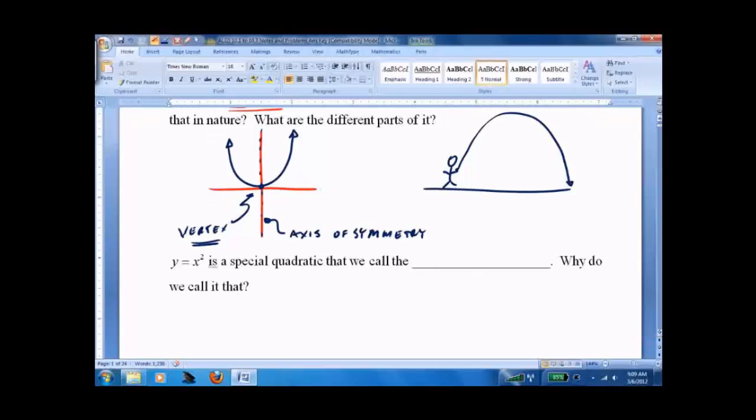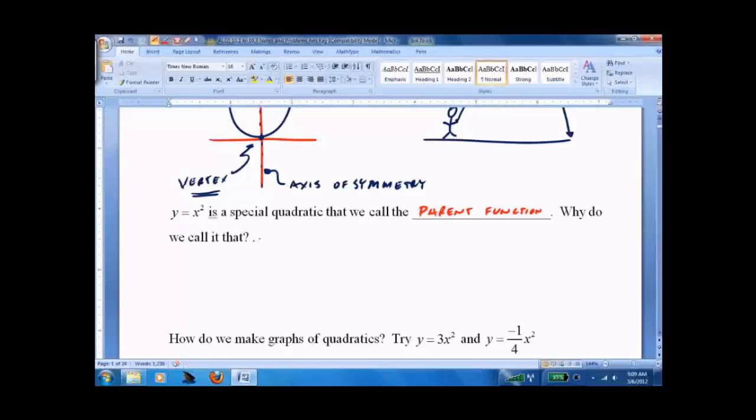Now, the quadratic y equals x squared is a special one. We call it the parent function. We call it the parent function because all other parabolas are going to be based on it. To graph it, you can use your calculator, or you can use a simple t-chart.